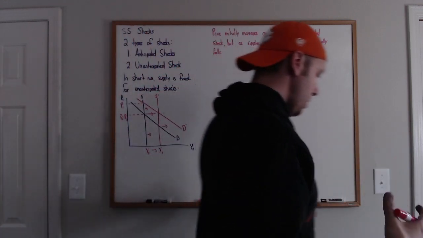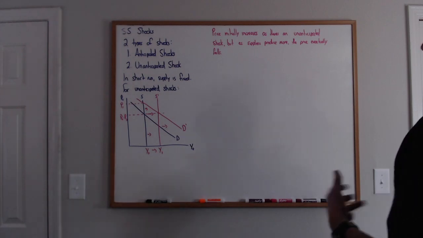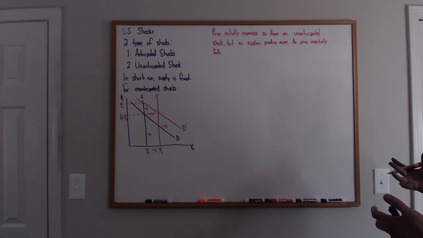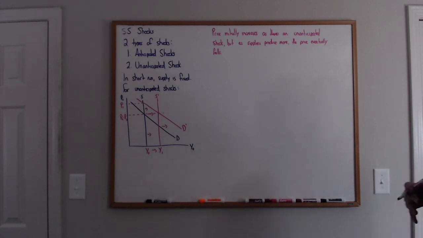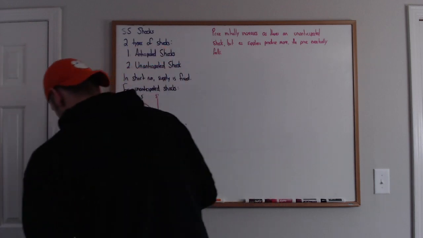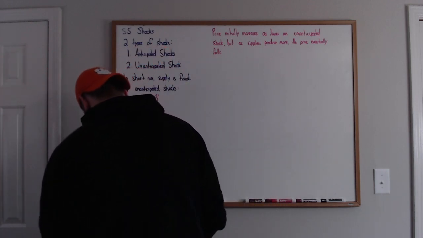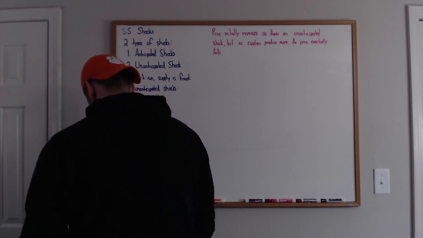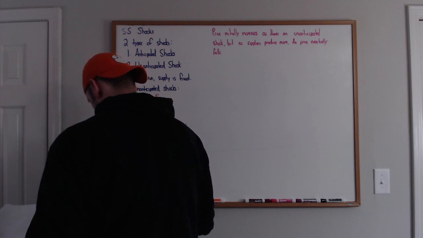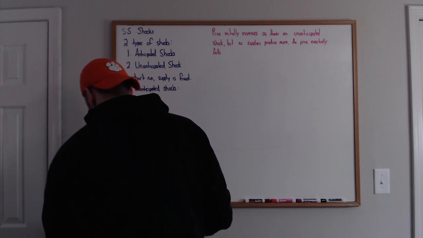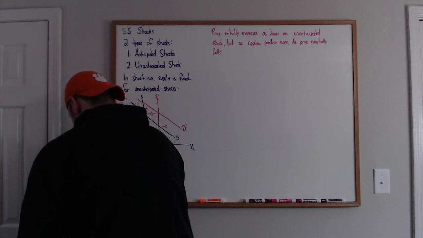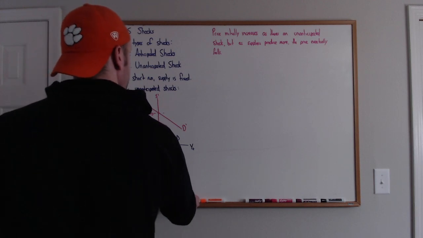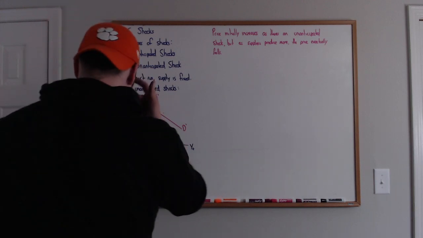So the price initially goes up as there's this unanticipated shock. As suppliers produce more, output goes up, and the price eventually falls. That's the unanticipated scenario. Let's talk about the anticipated scenario.